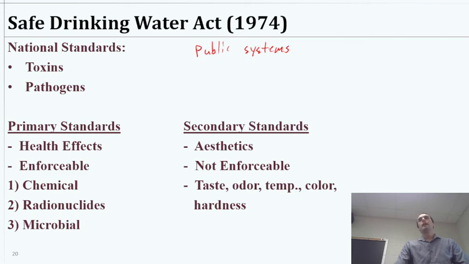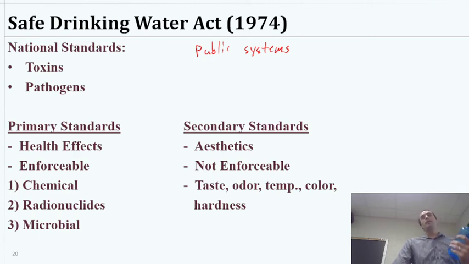So these are things like the taste of your water, the odor, the color, the temperature, and what we call hardness. So if my water here was tinged with brown, it might not look too pleasant if it came out of the tap warm and kind of smelled bad and was brown and just did not look very good.